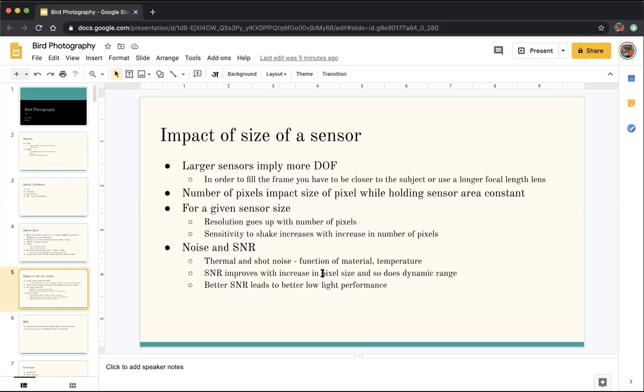That means I need to be able to discriminate at the level of the least significant bit. And in order to do that, my least significant bit has to be more than the noise. So that's how it affects the dynamic range.